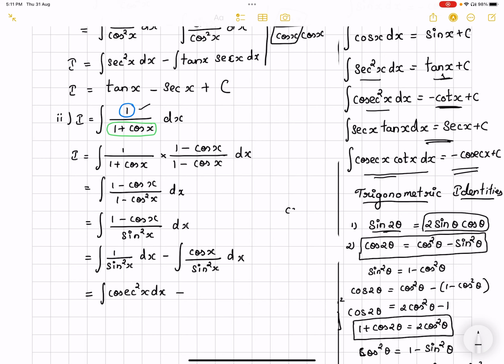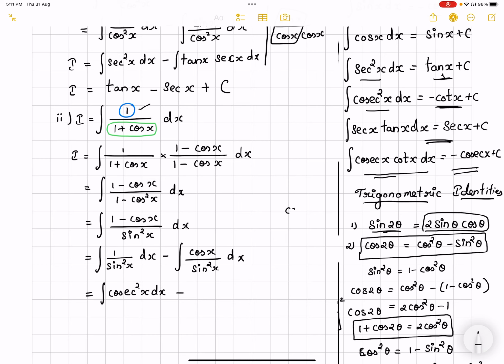The denominator part is 1 minus sin square x is equal to cos square x, which we have proved already. The same thing I would be writing here as cos square x. And then I would be having sin x minus sin square x in my numerator after the multiplication.